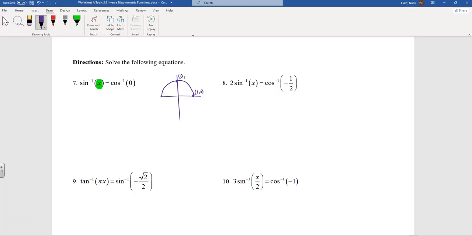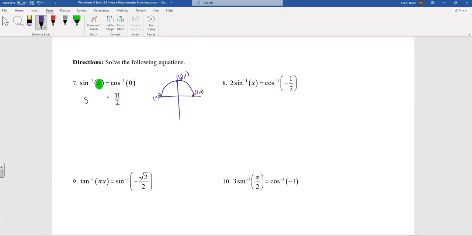Right here you got 0, 1. Over here, negative 1, 0. We're looking at x-coordinate. Inverse cosine of 0 is the angle where cosine equals 0. We're looking for the angle. What angle do I have right here? Pi over 2.